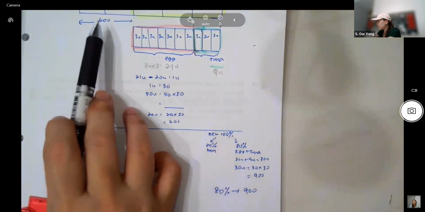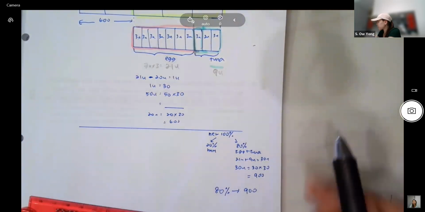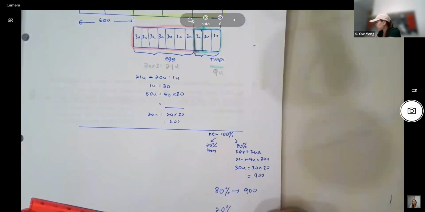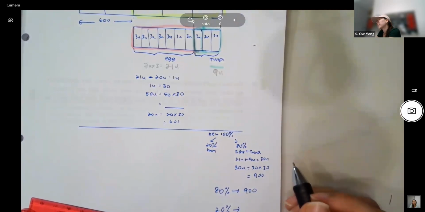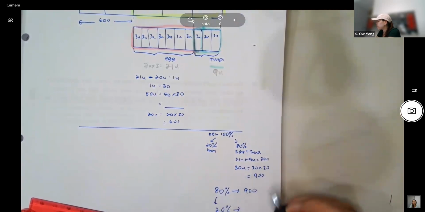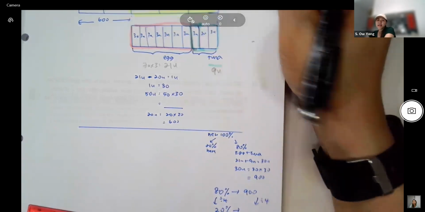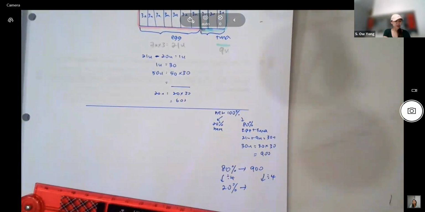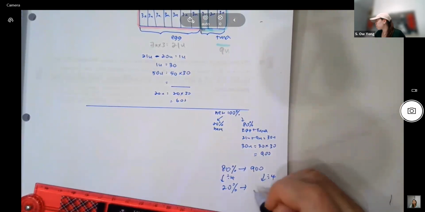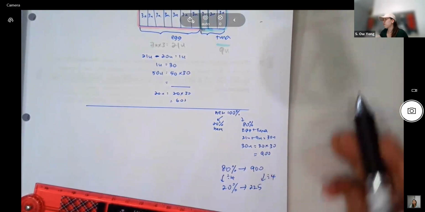Okay, take note now, originally my ham sandwiches got 600. But now poor thing, the ham sandwiches, not say poor thing lah, very good that a lot of people buy the ham sandwiches. So how to get the 20%? If you take 900 divided by 4, you will get 225.